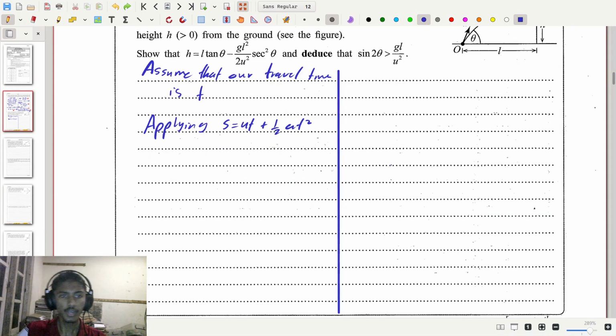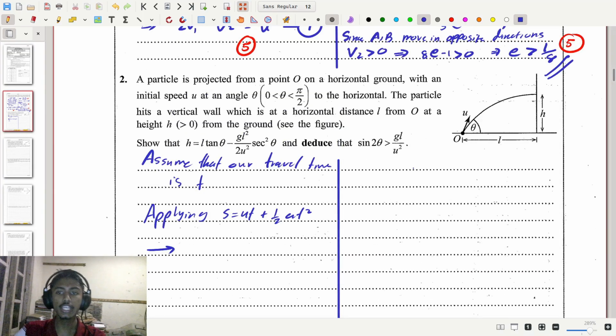So to start off, let's apply s equals ut plus half at squared in the horizontal direction. Considering the horizontal direction, if I take the rightward direction as being positive, I can see from our starting point to our ending point, we have a displacement of positive L. So therefore, our s is positive L. Now considering the rest of the terms here, our u is going to be a horizontal velocity, which in this case, our horizontal initial velocity is going to be u cosine theta.